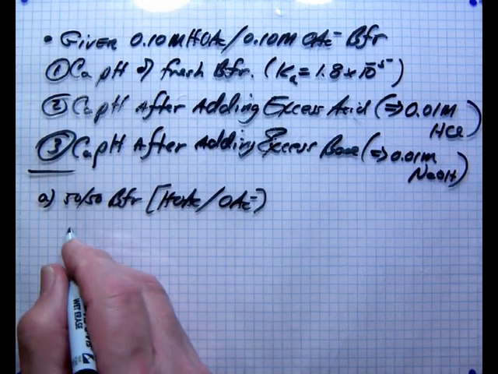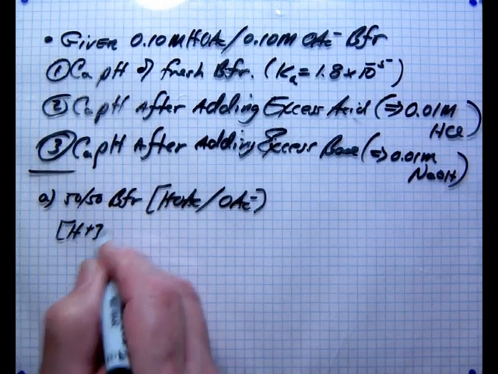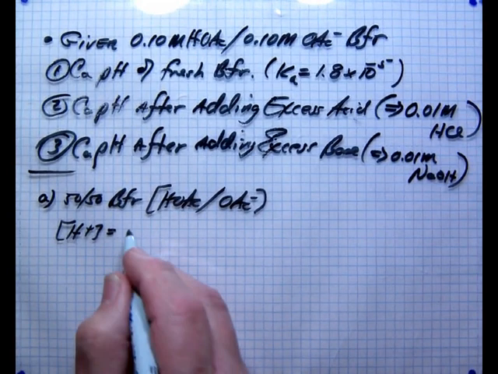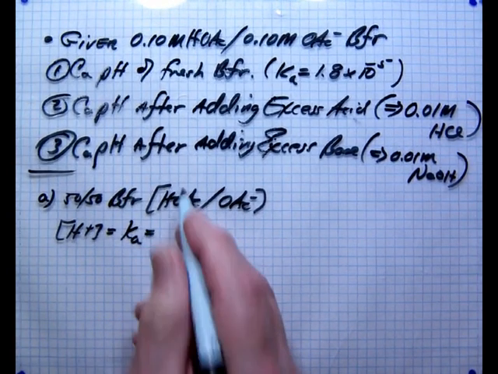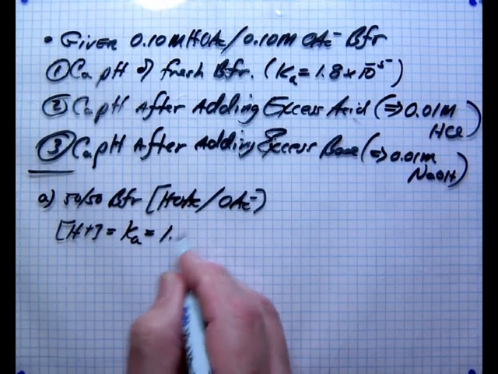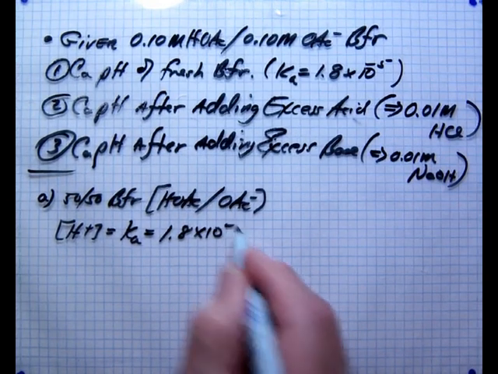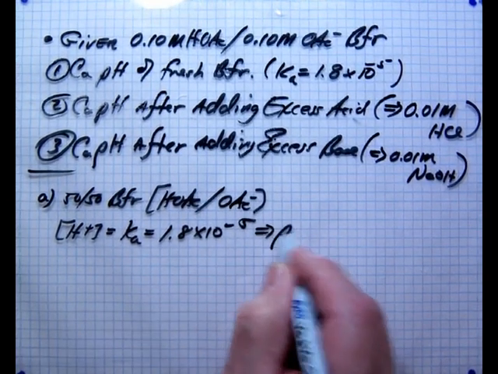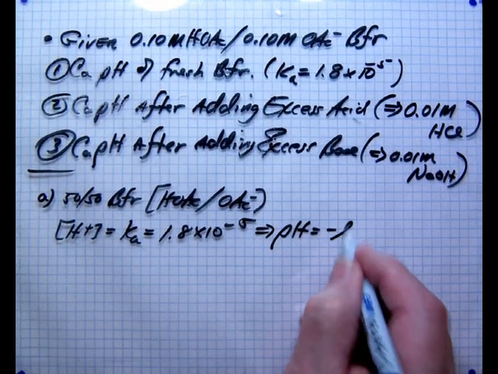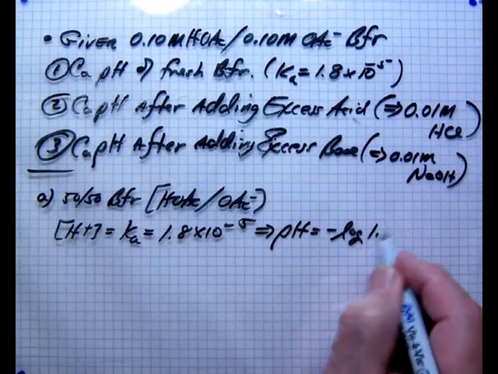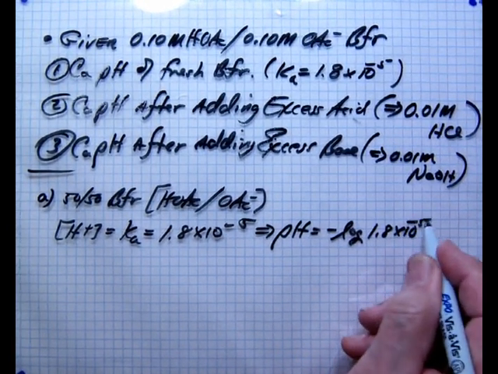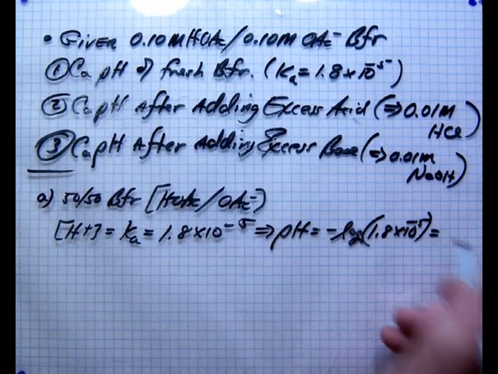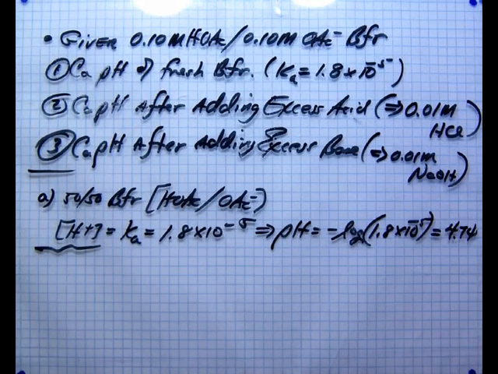Well, the hydronium ion concentration, as I've shown you earlier, is equal to the Ka value of this ionization of the acid, which is 1.8 times 10 to the minus 5. So this would give pH equal to minus log 1.8 times 10 to the minus 5. Okay, so let's keep that in mind as we go into the next one.